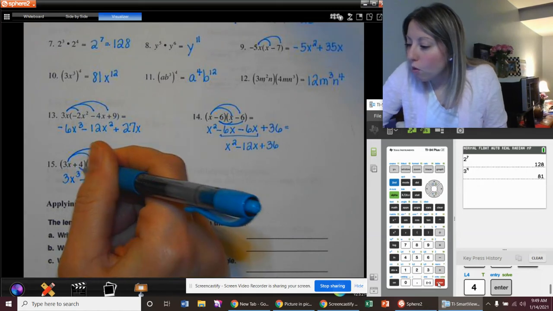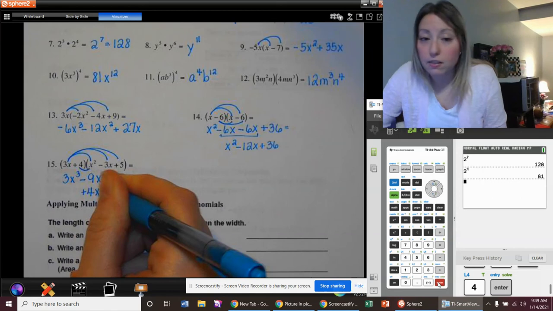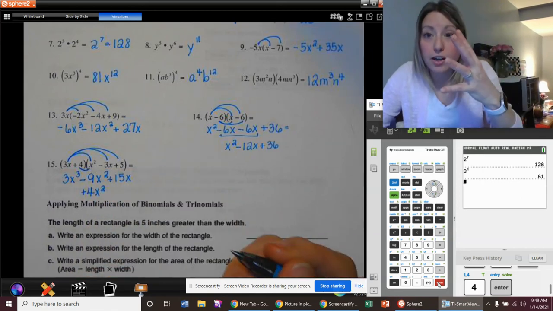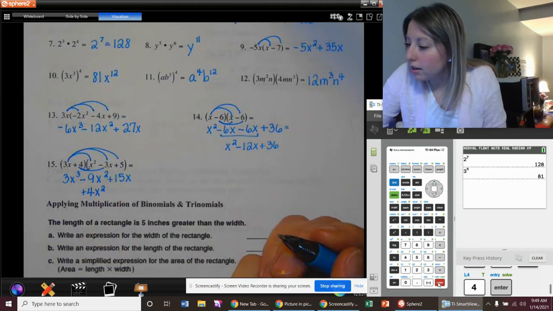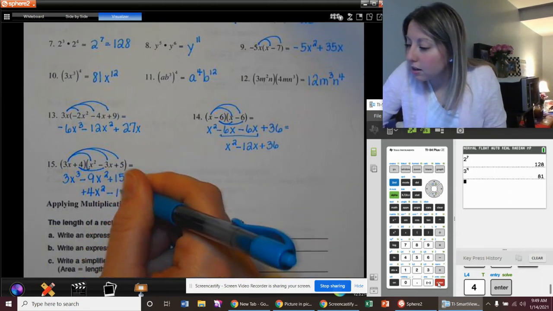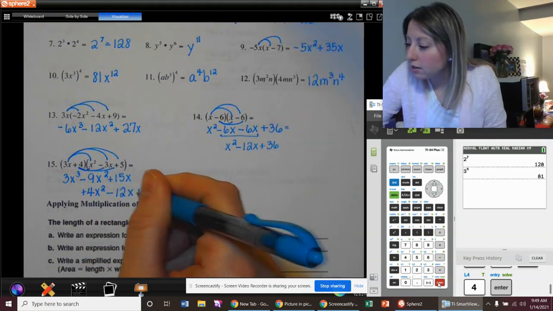And then we've got 4 times x squared, so this is a positive 4x squared. Notice I lined that up underneath the like term of negative 9x squared. Then I've got 4 times negative 3x, so that's going to be a negative 12x. And then I've got 4 times 5, which is a positive 20 at the end.